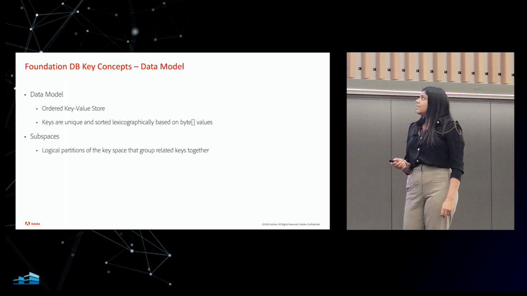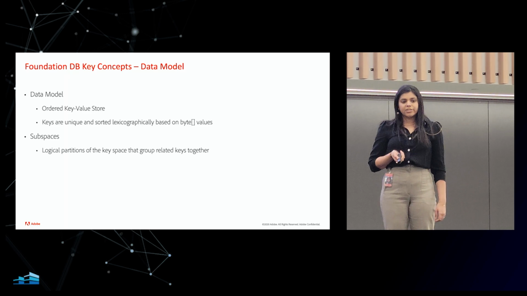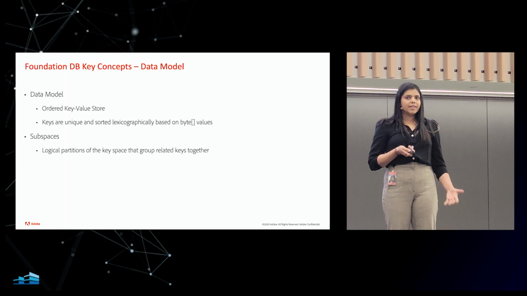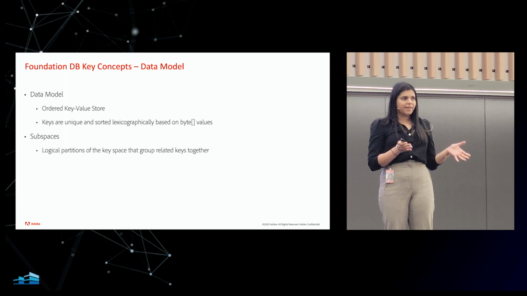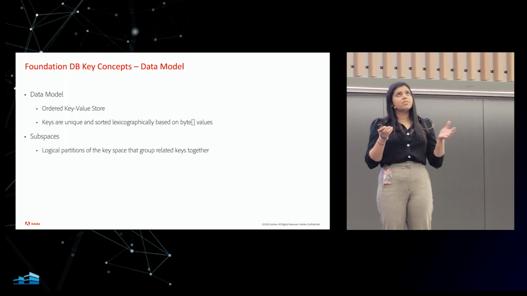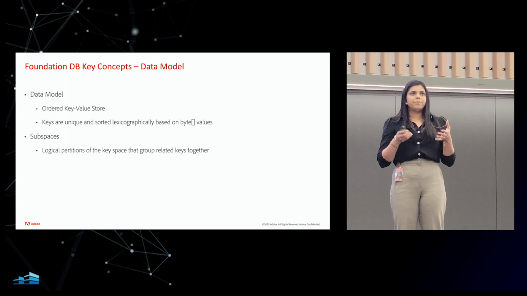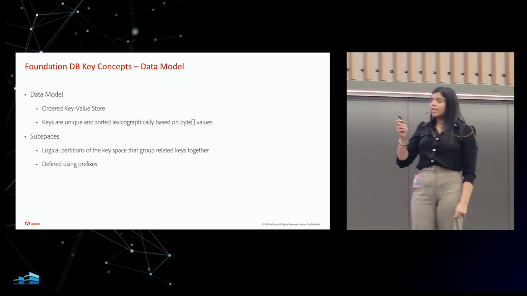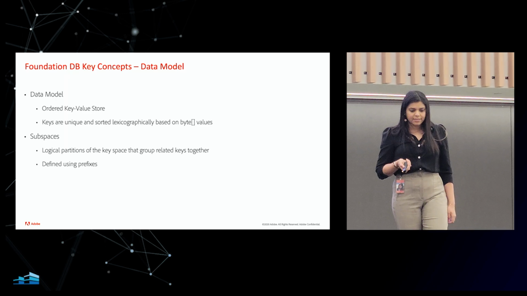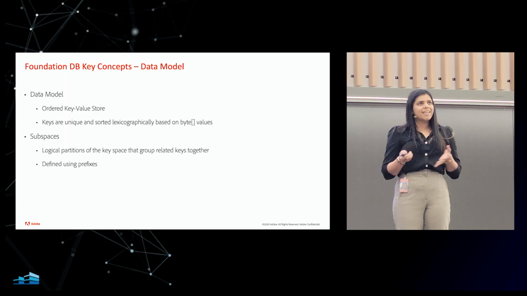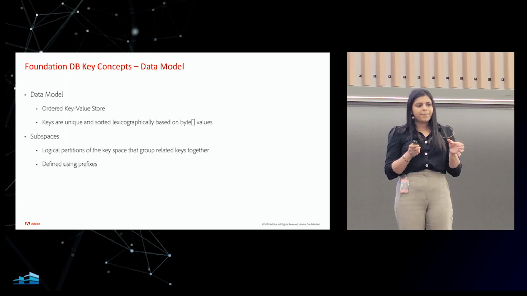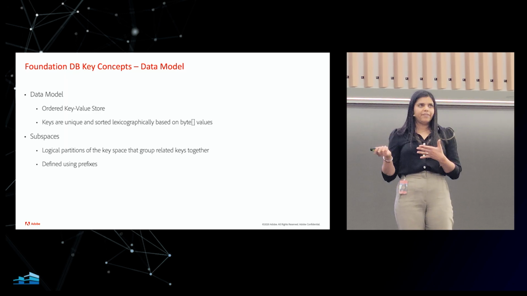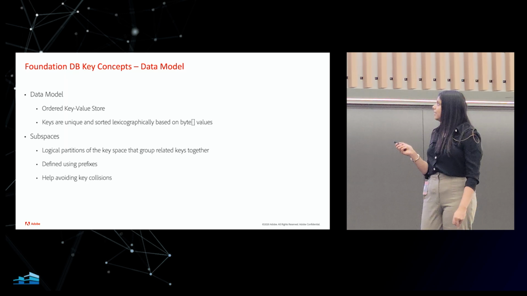There's also a concept in FoundationDB called subspaces. Think of subspaces like a logical partitioning, which groups your keys together based on related keys. They're defined using prefixes. A prefix is essentially an identifier that you prepend to every key when you're defining or adding it.